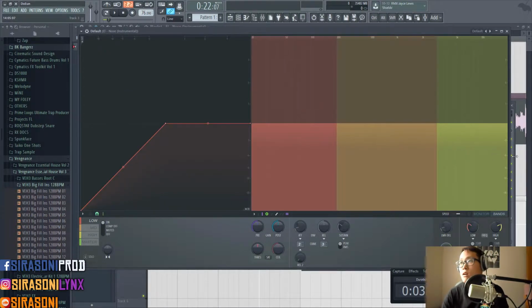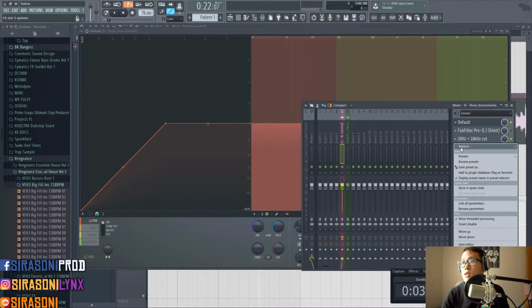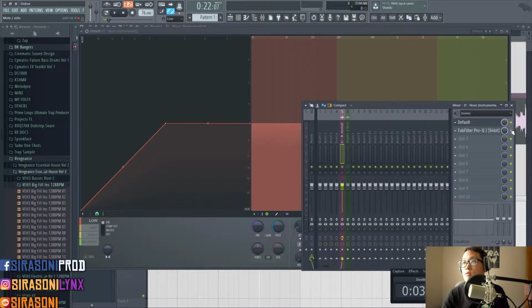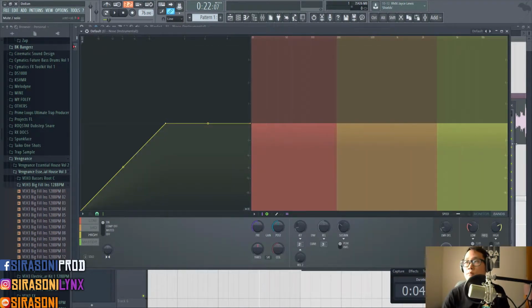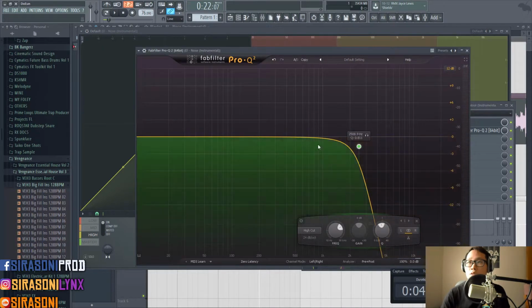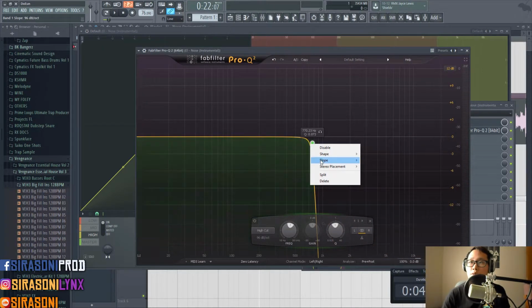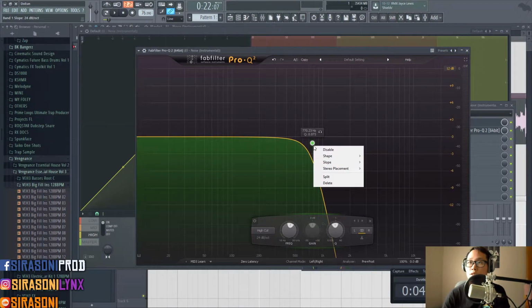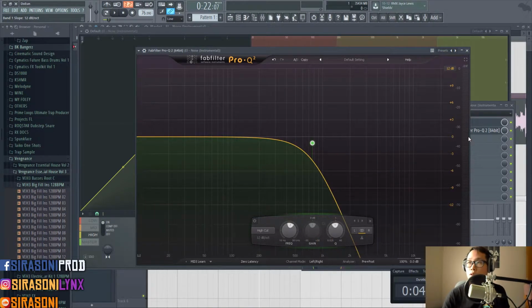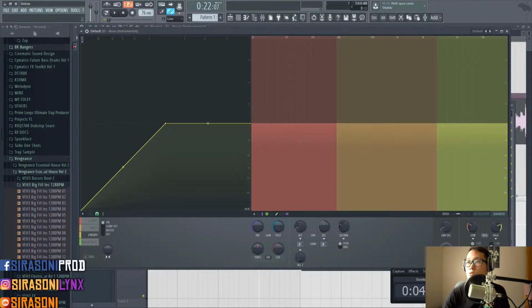If you look at, for example, this FabFilter thing I have going on here, if you go to slope, it's all right here. So 96 is the steepest, 24 versus 12, which is what we have. So 12 is a much more gentle slope.